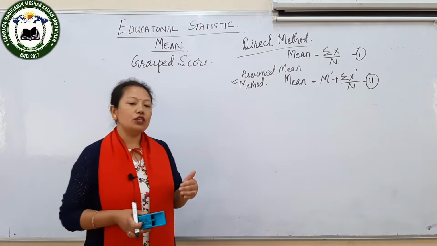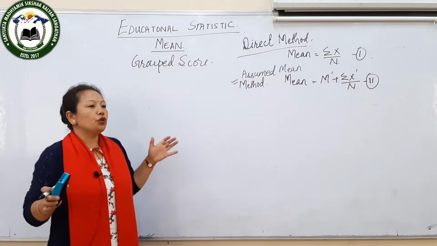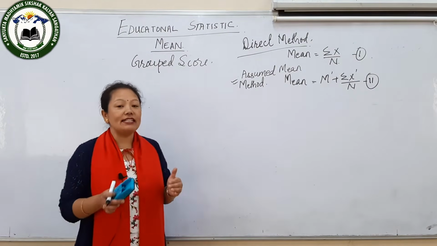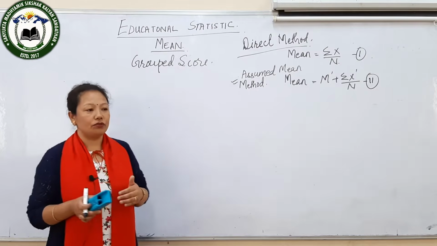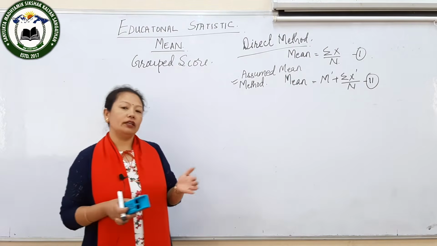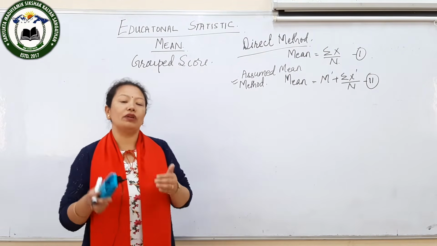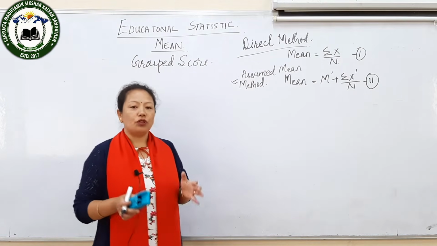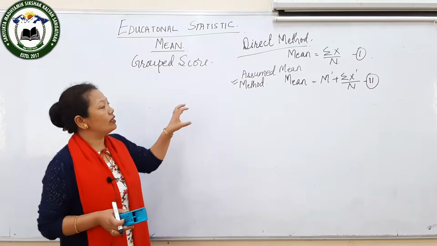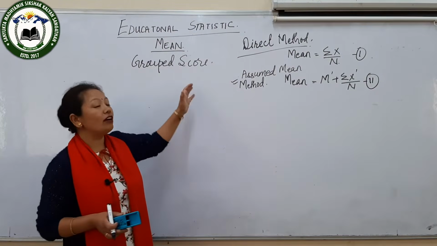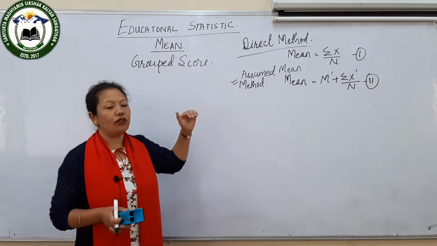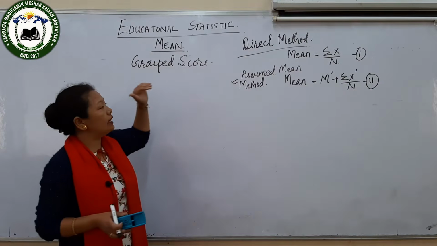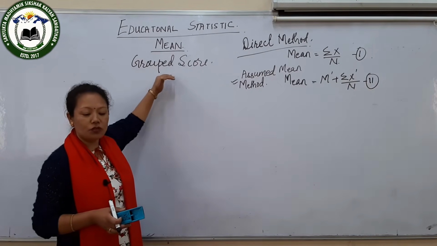What we need to do is group them, dividing according to the class interval which we learned in the first stage, that is how we tabulate the raw data. After that we find the frequencies, and then we find the mean of the group score.